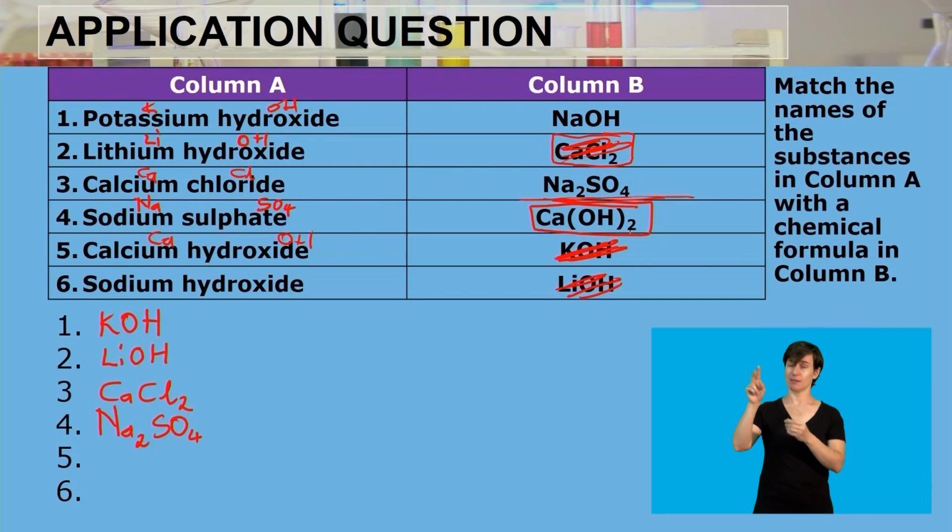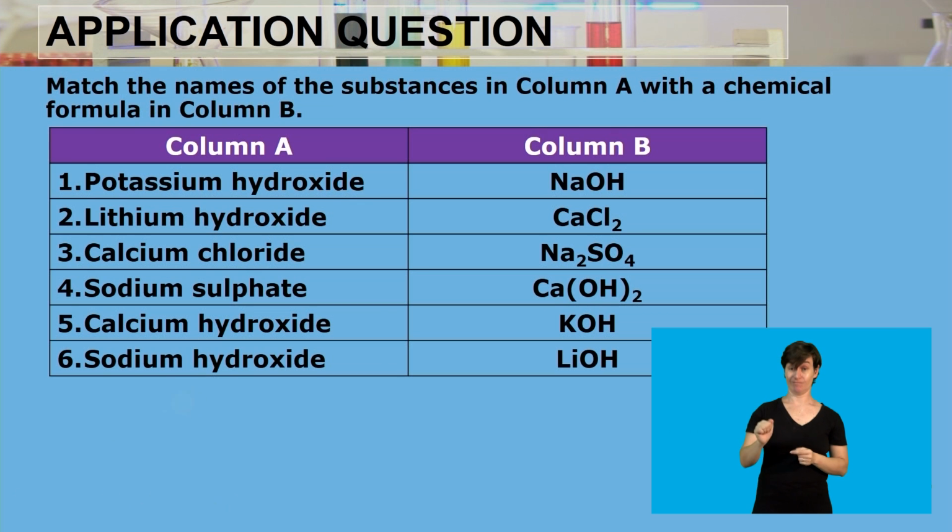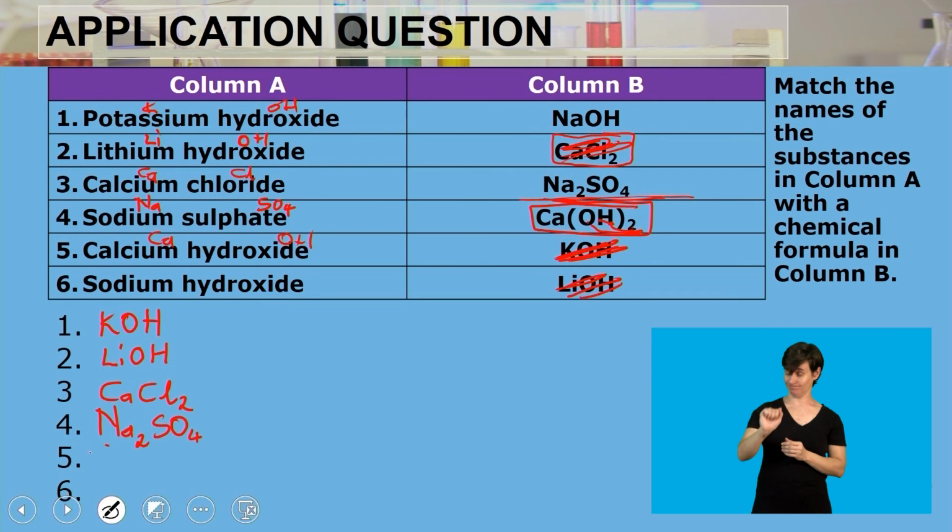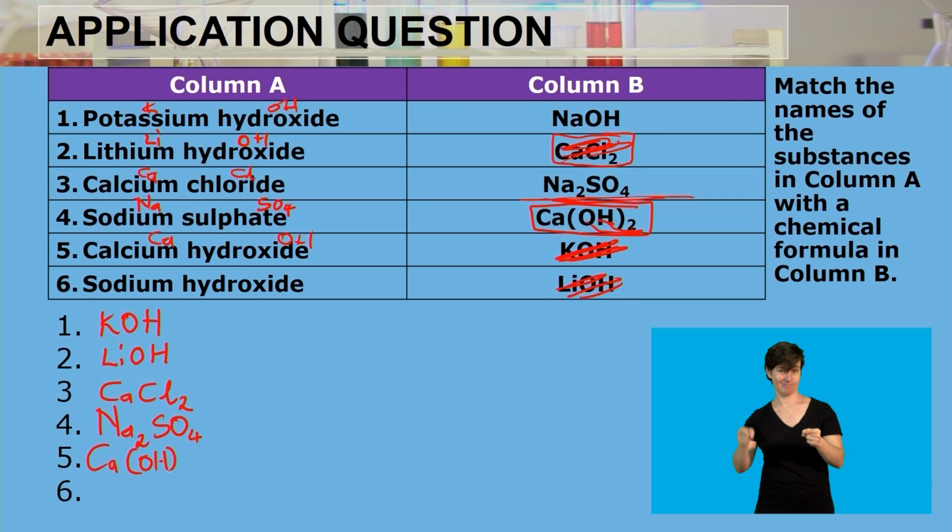Or we can say for every 1 atom of calcium, we need 2 atoms of hydrogen and also 2 atoms of oxygen, because the 2 outside the bracket as a subscript applies to everything inside the bracket. So that means we have 2 oxygens and also 2 hydrogens. So the chemical formula for that is Ca(OH)2: Ca, bracket, OH, close bracket, and then the 2.